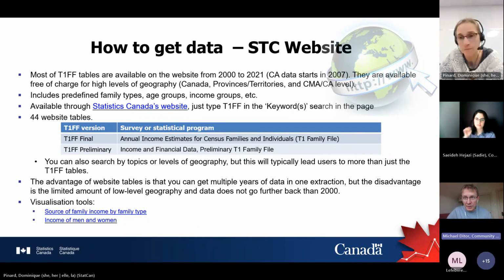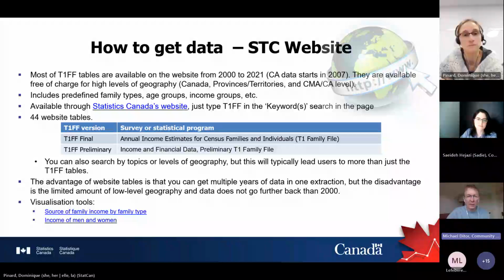Well, the catalog is obviously the best place to start for getting access to what we order from the TIF, and Sadia had put a link up there, and we have all of the standard tables on all standard geographies in there.